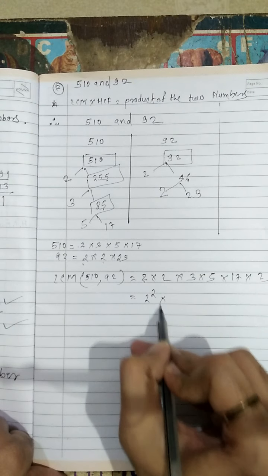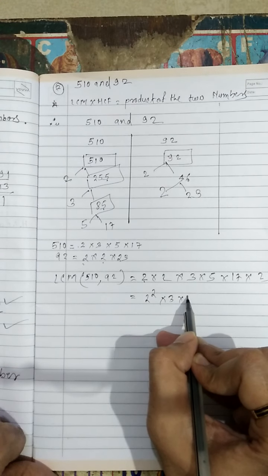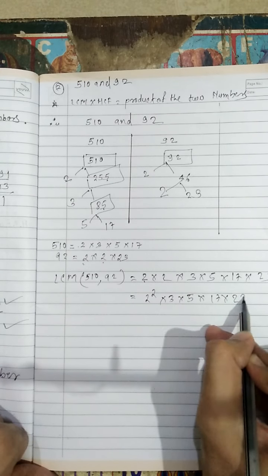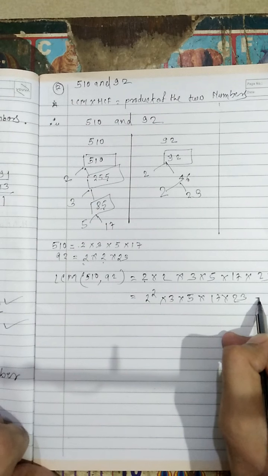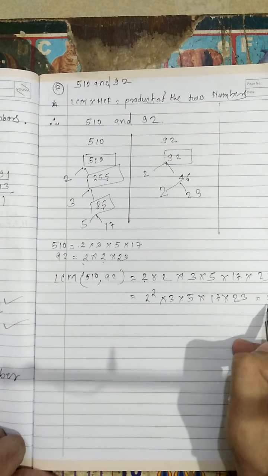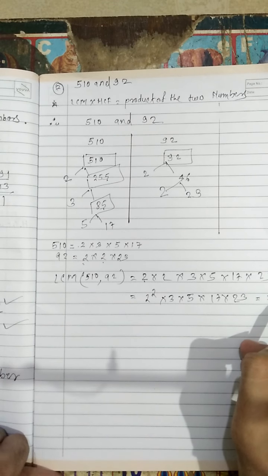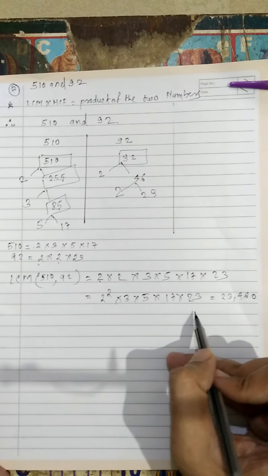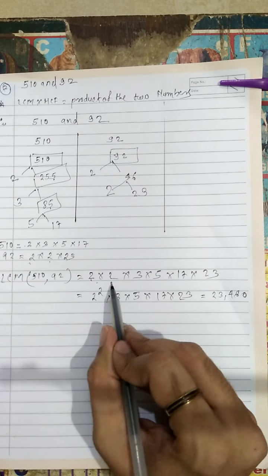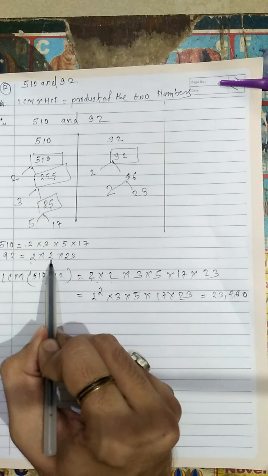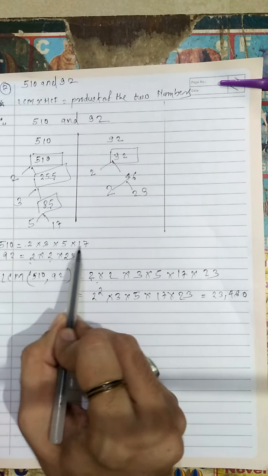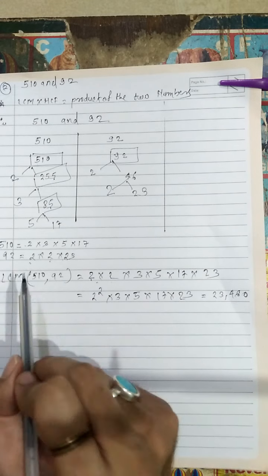Now I am writing 2 how many times? 2 times, so 2 squared, multiplied by 3 multiplied by 5 multiplied by 17 multiplied by 23. So you get the answer 23,460. Look here: 2 multiplied by 2, 2 multiplied by 23. Here 2 multiplied by 3 multiplied by 5 multiplied by 17. All the numbers you write down one time.